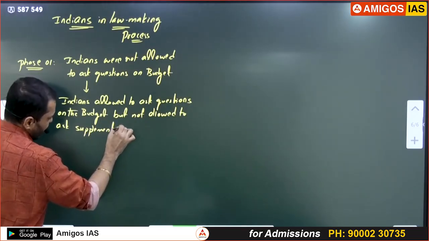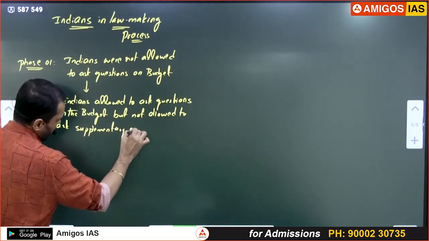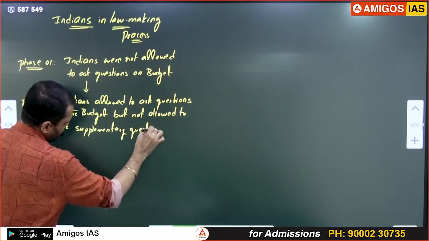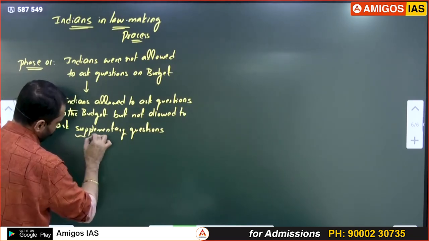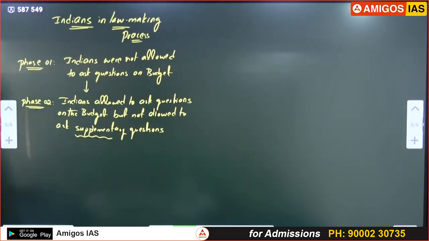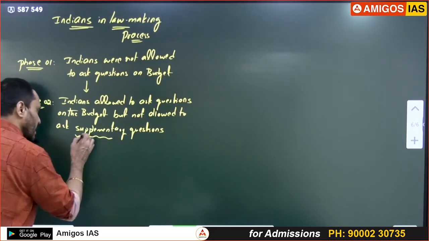That means additional questions you cannot ask. Supplementary questions cannot be asked. Very, very important. I told you in the parliament topic about supplementary questions. So they can only ask questions, but additionally they cannot ask any questions for explanation. This was the second phase about Indians in the lawmaking body.